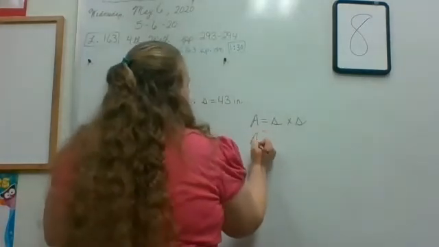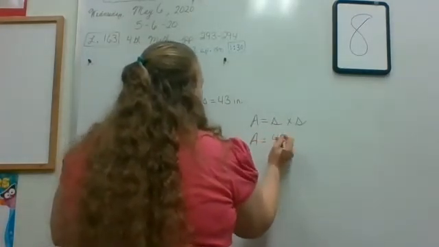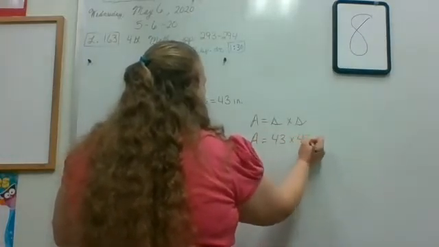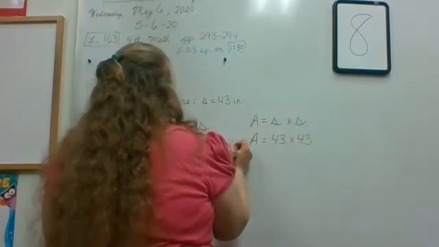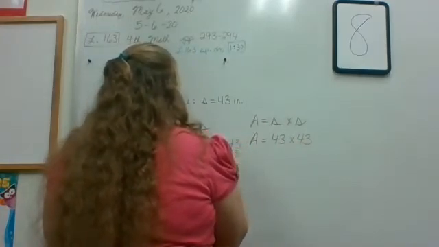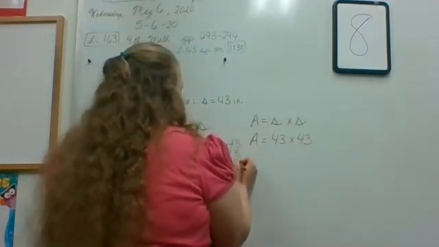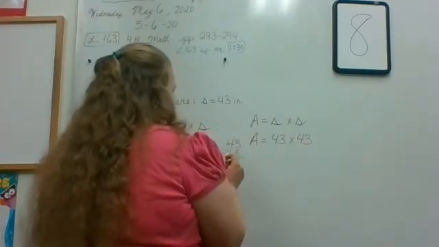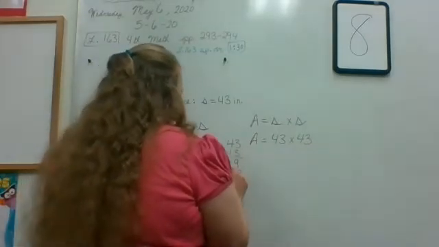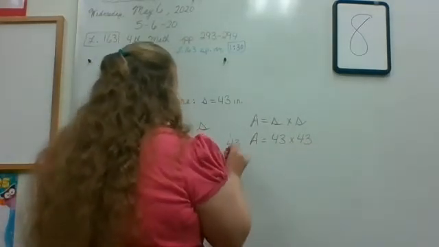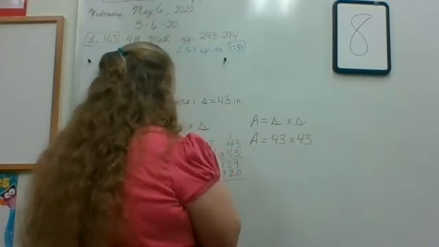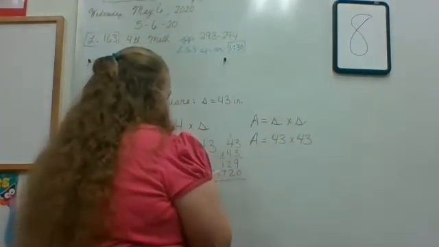Area, A equals 43, our side, times 43, right? 43 times 43. 3 times 3 is 9, 3 times 4 is 12. Bring down a 0, put a 0 down, 4 times 3 is 12, carry the 1, 4 times 4, 16, 17. 172 right there. Okay?